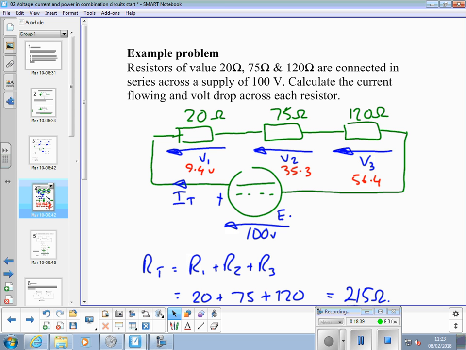We're not in a math session here, so if you underline that you'll remember how to do these. Check that.